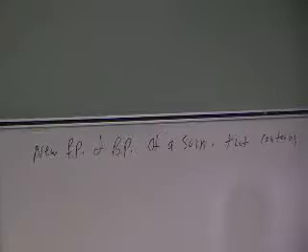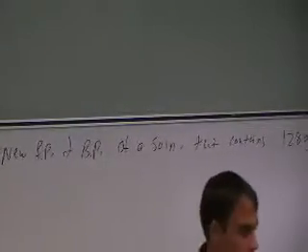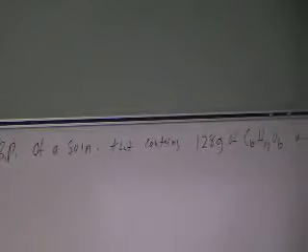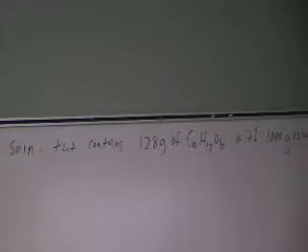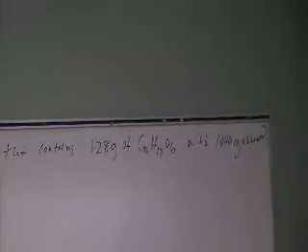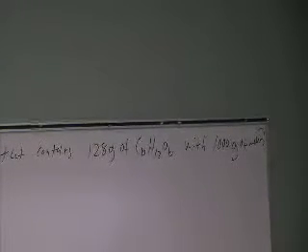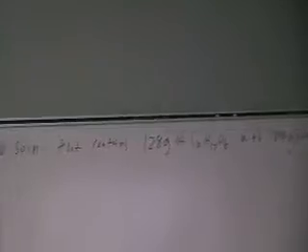So here's what I'm looking for. I want to know my new freezing point and my new boiling point of a solution that contains 128 grams of sugar and 1,000 grams of water.